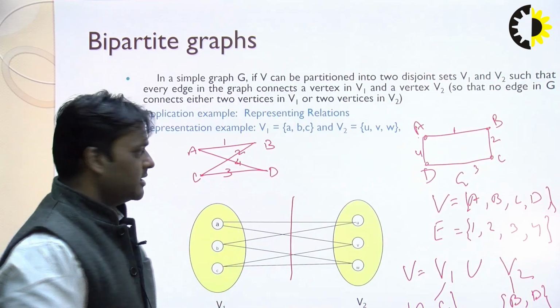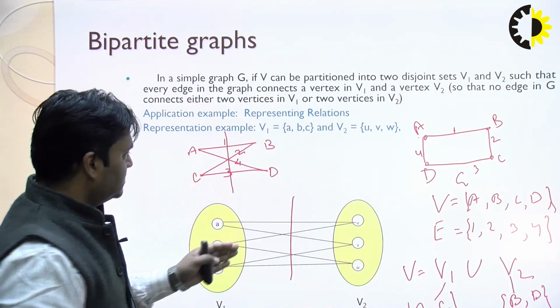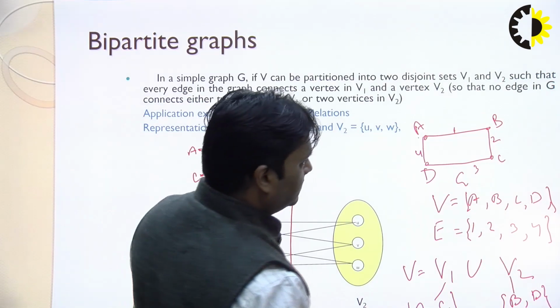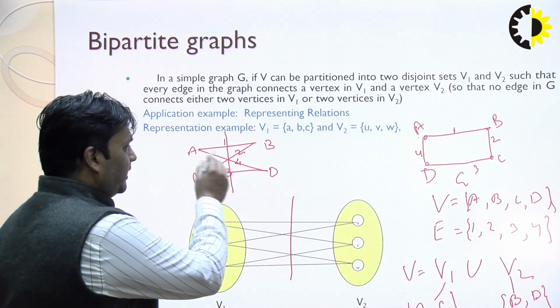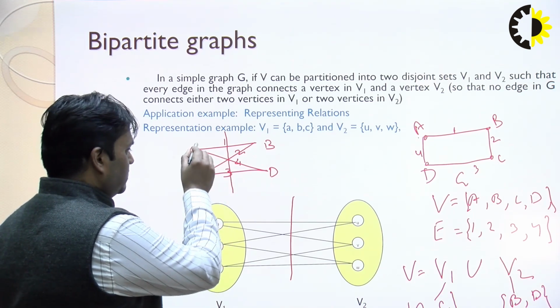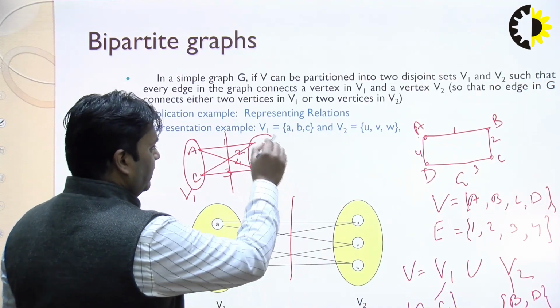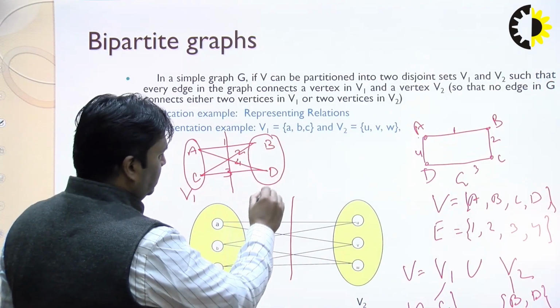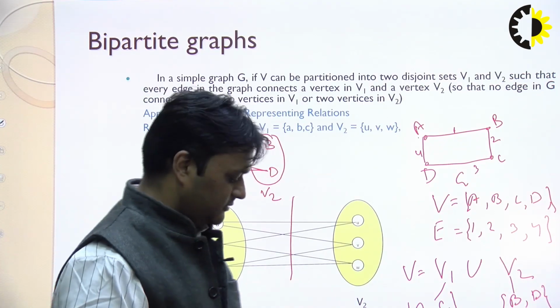If we partition this graph in such a manner, then one end of each edge goes with V1 and the other end goes with V2. Then this graph is known as a bipartite graph.